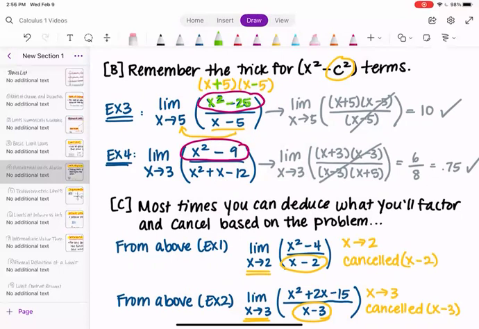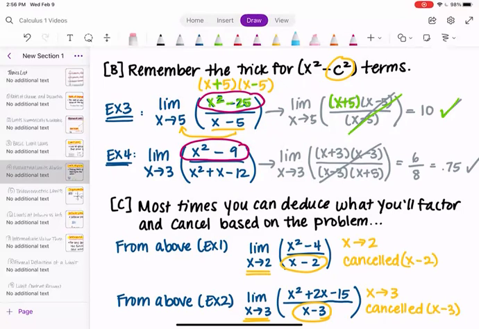So that's a huge trick that you should always keep up your sleeve, because it takes a lot of the mental, like, oh no, how do I factor this, out of the question, right? And then again, it ends up canceling those two things, and you're left with a valid x plus 5 that you can plug 5 into and get a normal number that's not 0 over 0.